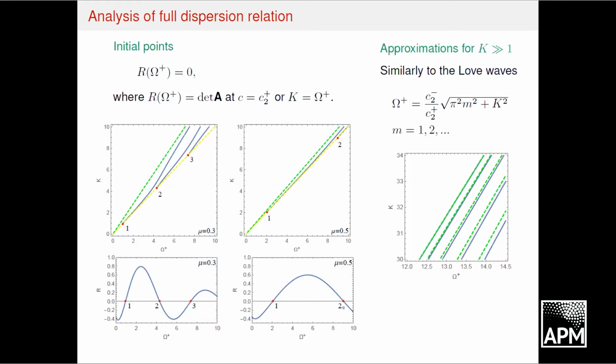What else can we see here? We can see that with the growth of contrast, say here the ratio of mu's is 2, here it is more than 3, so we have more solutions within the same region, so we would have more branches. And we can also see that the first branch tends closer to 0 for the relatively higher contrast. Okay.